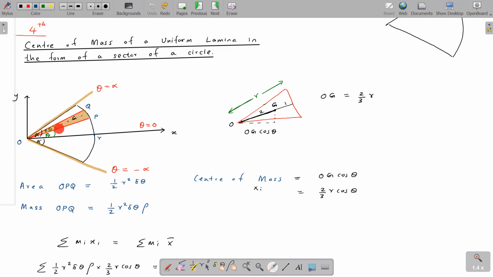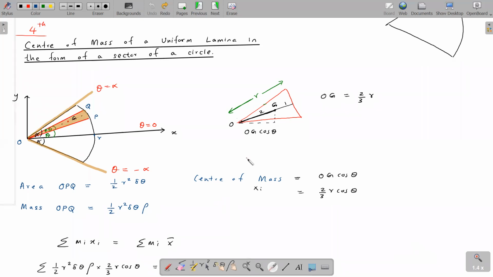So half r square delta theta. That's the area of OPQ. To make it mass, we multiply by rho, the mass per unit area. That's a really easy part.